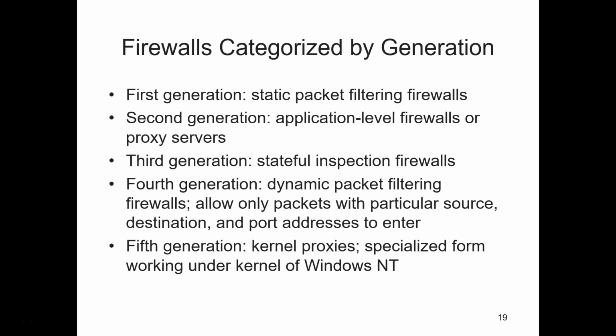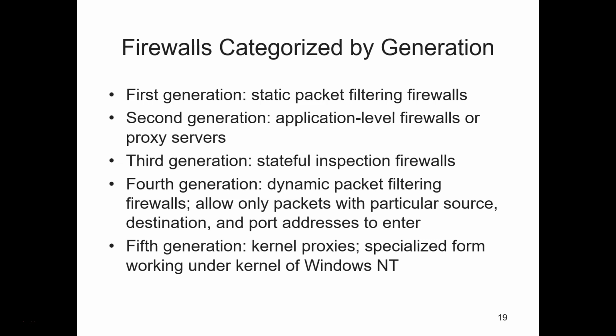The third generation firewalls are stateful inspection firewalls and monitor network connections between internal and external systems using state tables. The fourth generation firewalls are dynamic packet filtering firewalls and allow only a particular packet with a particular source, destination, and port address to enter.